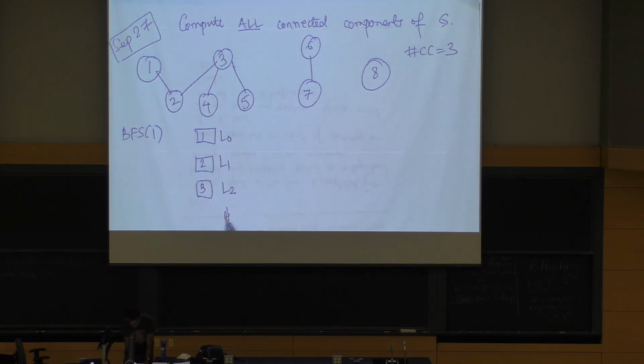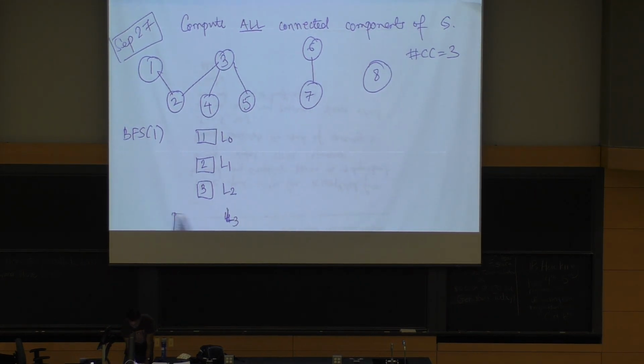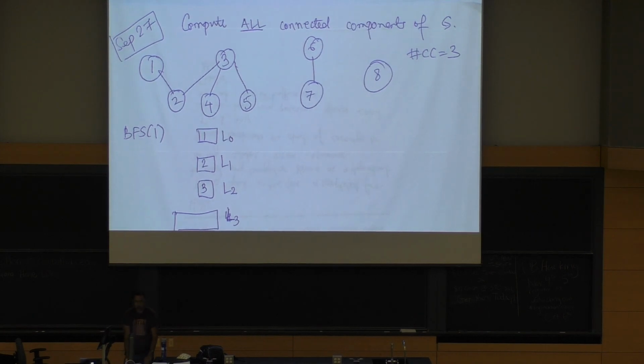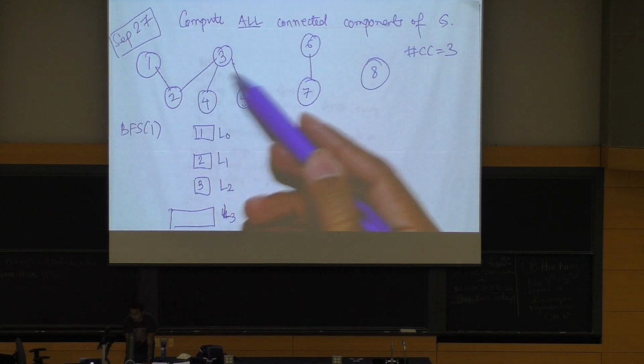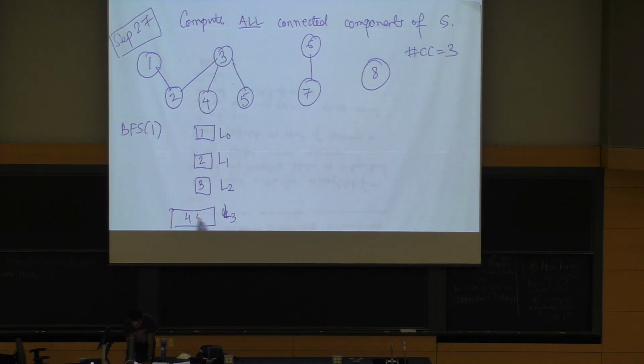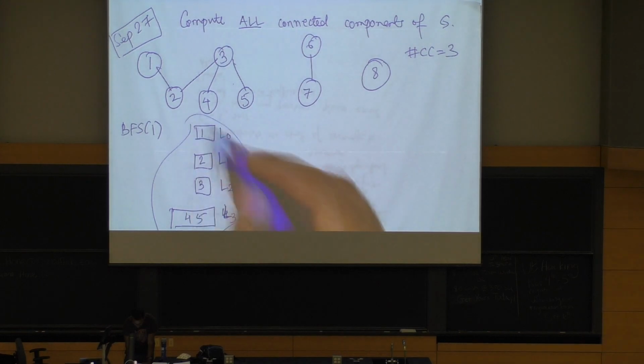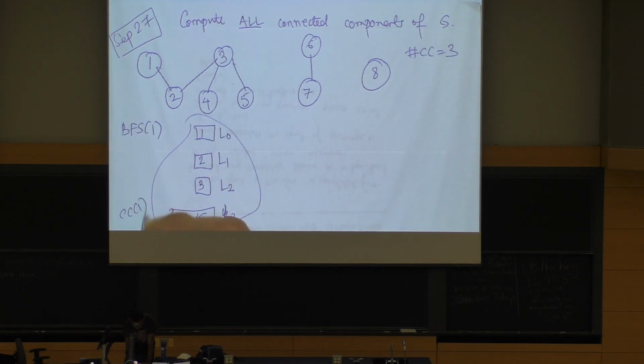What would be L3? Lloyd? 4 and 5, right? The neighbors of 3 are 2, 4, and 5, but 2 is already taken. And now if you try to build the 4th layer, you are not going to get anything, so you stop. And so this is the connected component of 1.